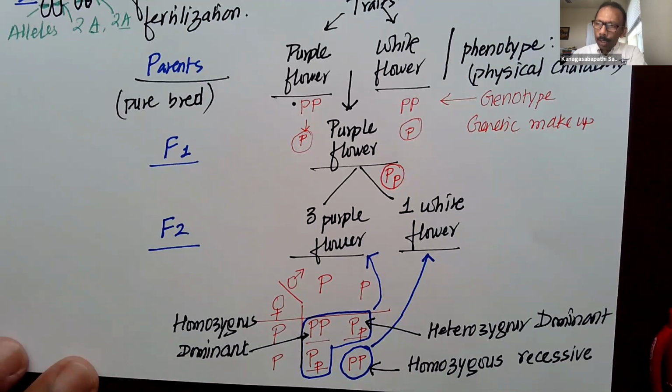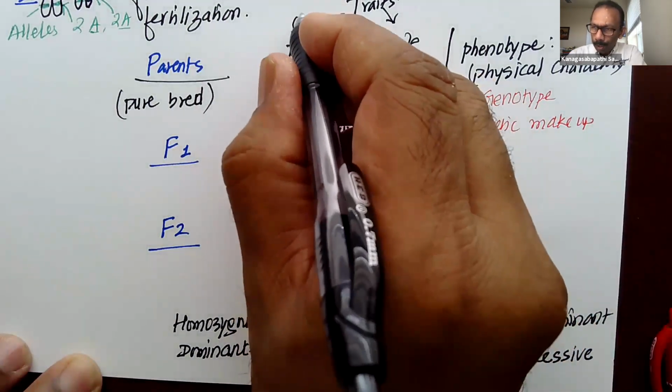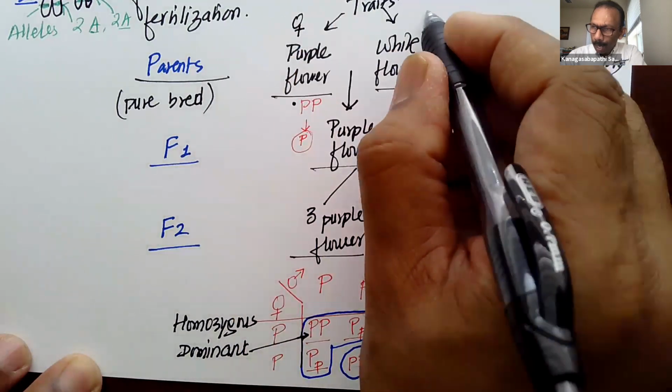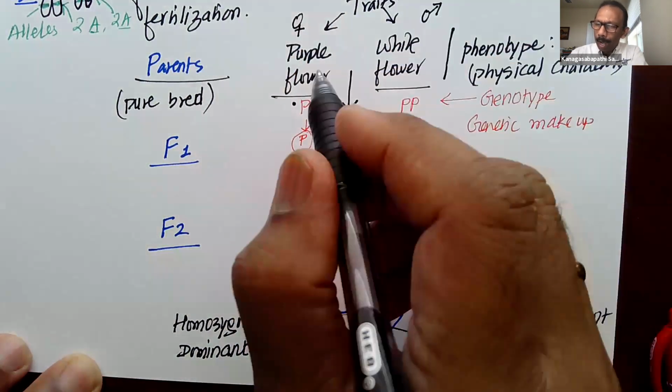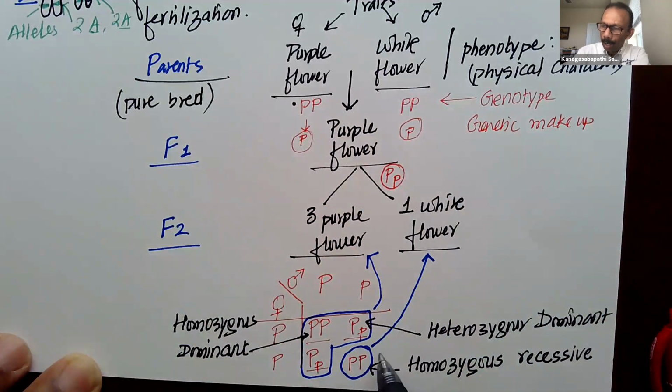Okay. So how did this disprove the misconception? If this is a female parent and this is a male parent, you have the contribution from both the parents. That's why you're able to restore the white flower in the second generation, and you're able to keep these traits intact. Okay.